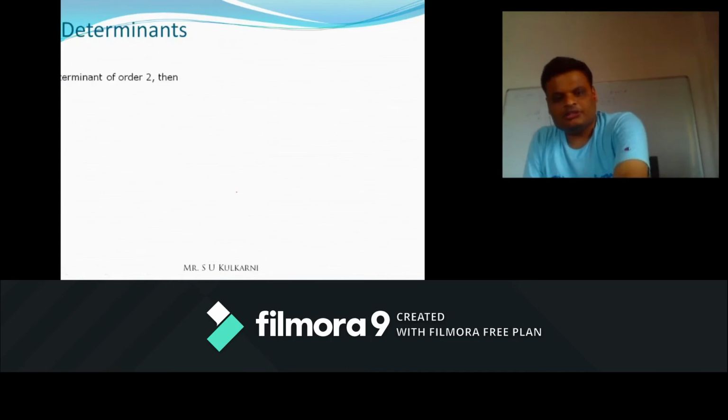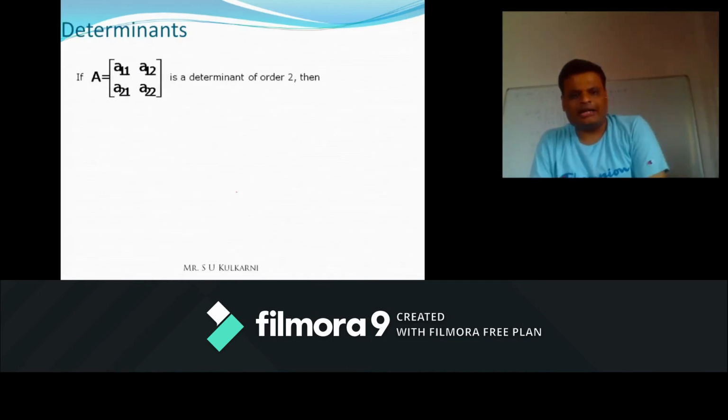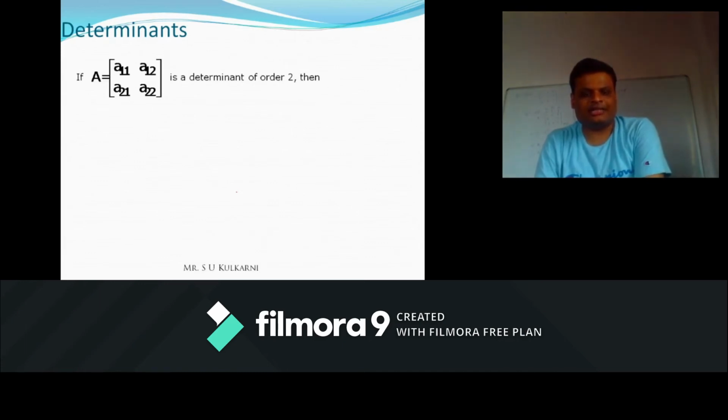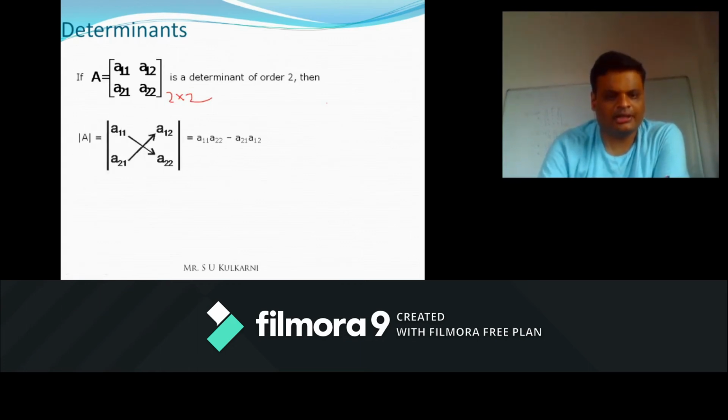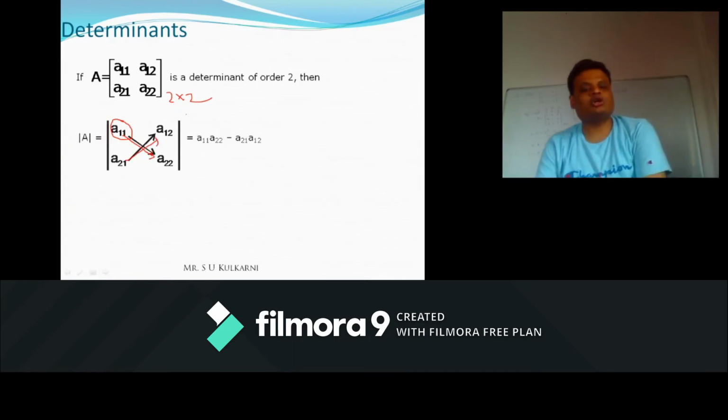Now we will have a determinant like this. If you have A as the first determinant, that is A11, A12, A21, A22, the order of this determinant is 2 by 2. Then how can we find the value of this determinant? The value is found this way: you just have to perform a cross multiplication.